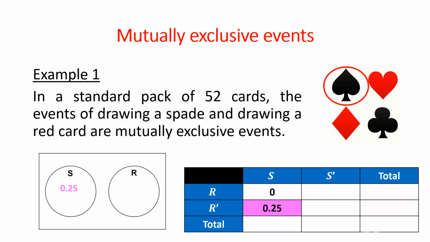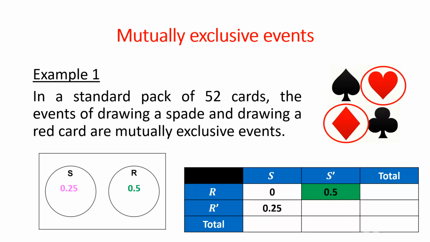We can work out the probability of getting a spade and not a red card. Now, a spade and not a red card means it must just be a spade. And there's one chance out of 4 of this happening. One chance out of 4 is 0.25. So we can pop this into our Venn diagram, 0.25 chance of getting a spade.